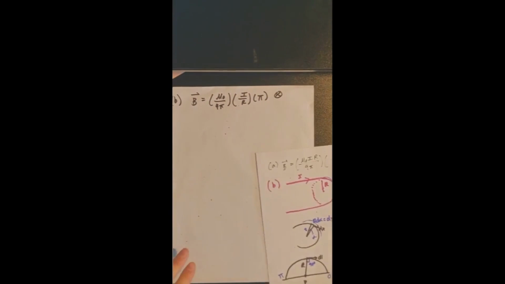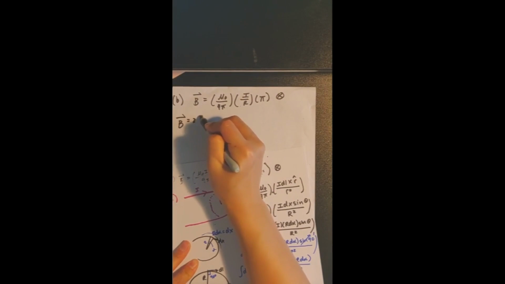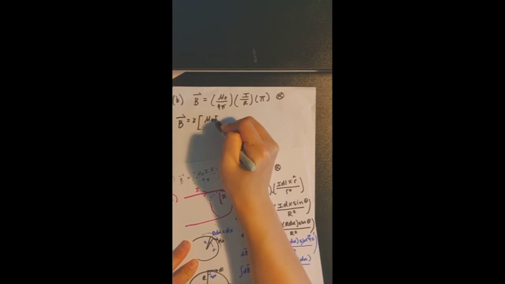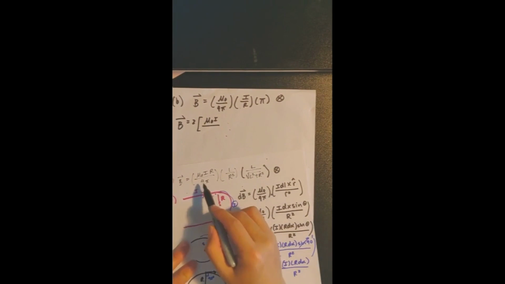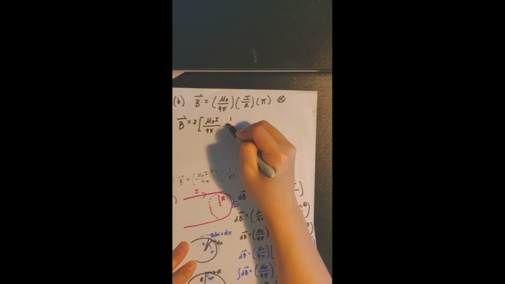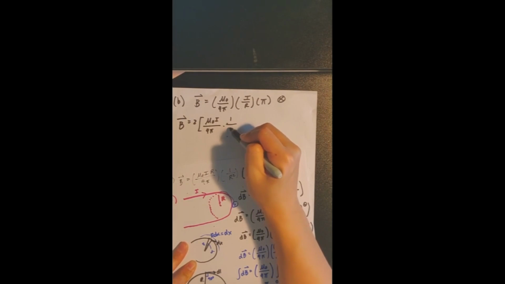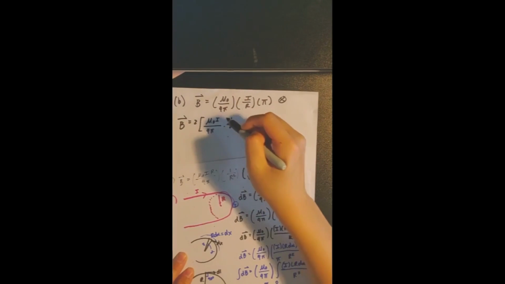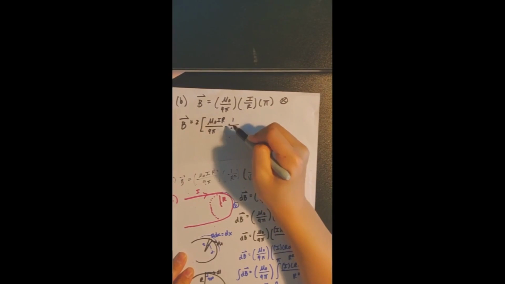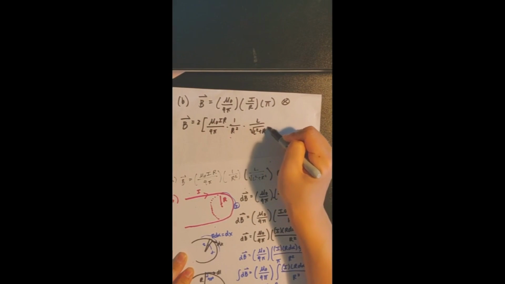That means we can just write B as equal to 2 times mu naught I over 4 pi times 1 over this r right here, 1 over r squared times L over L squared plus r squared.